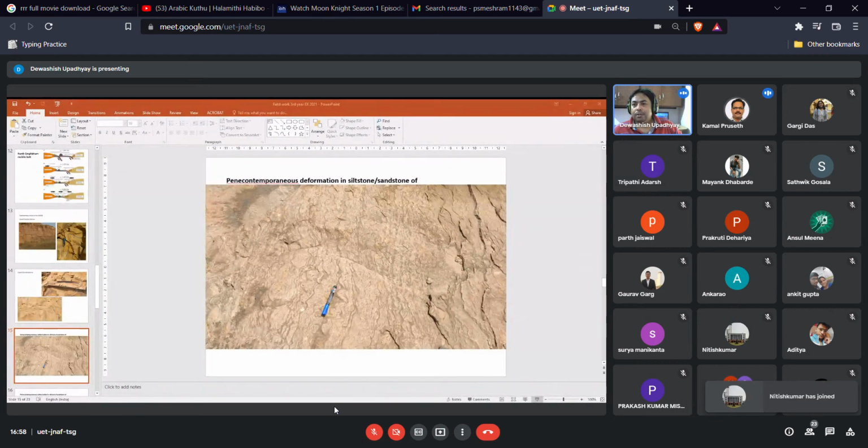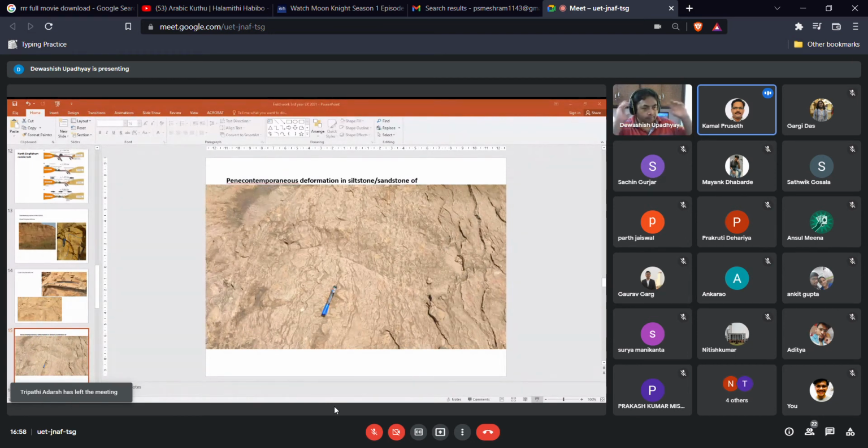They look as if folded, but we do not call them folds. Why can we not call them folds? This has been deformed, but these layers are not folded basically. Structurally, folds or foliation planes are penetrative structures.